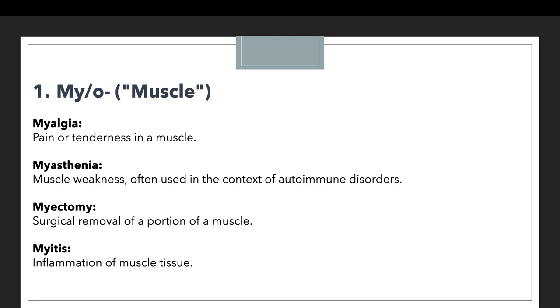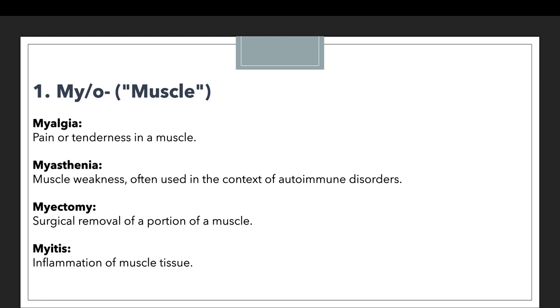Although we have not learned anything suffix related so far, we still know that whenever there is a word related to ectomy, something is surgically removed. And the prefix my means we have removed a portion of a muscle or something related to muscle. So this is the third example for this prefix.